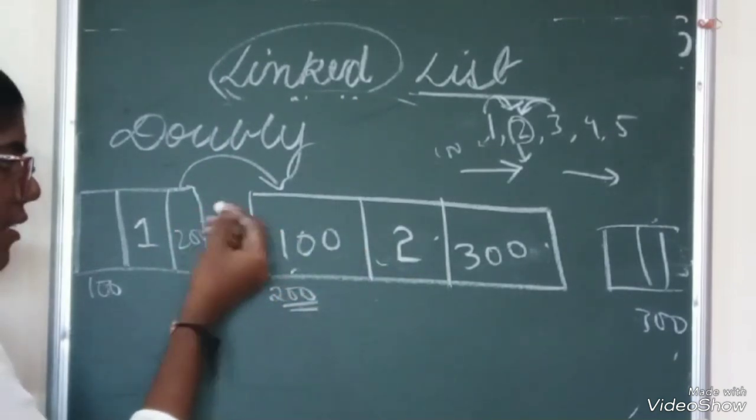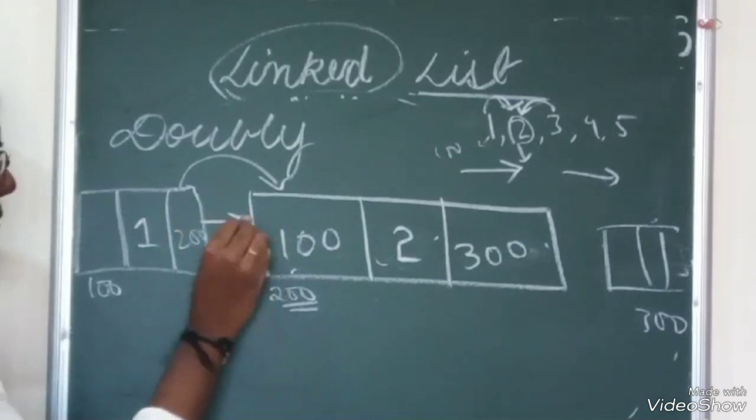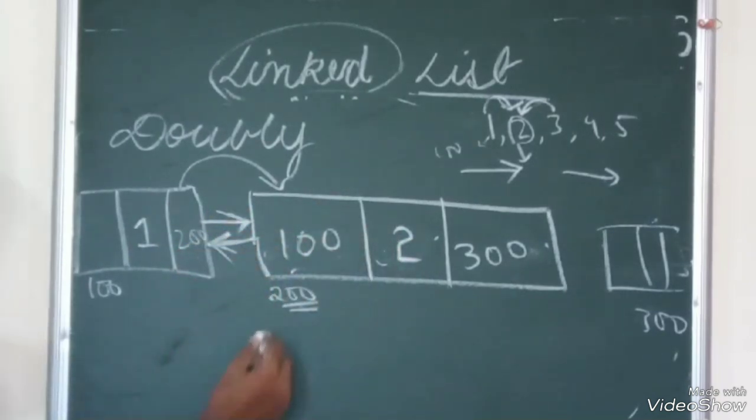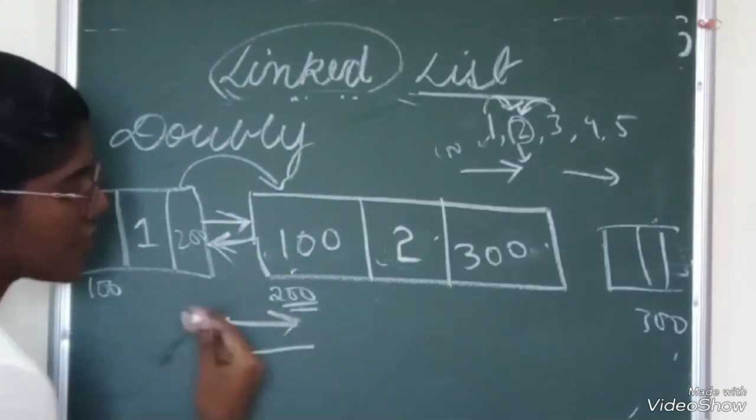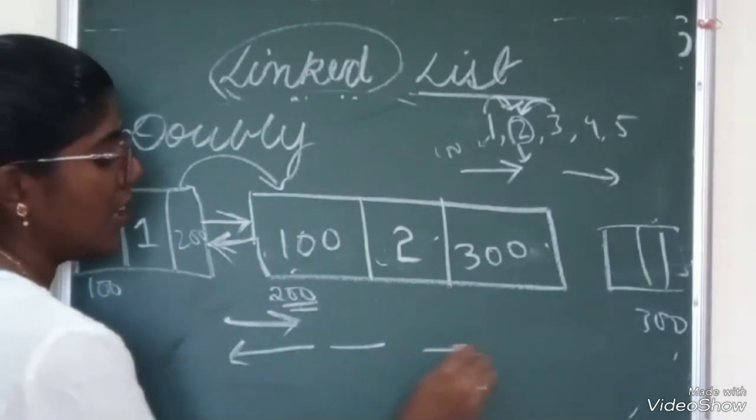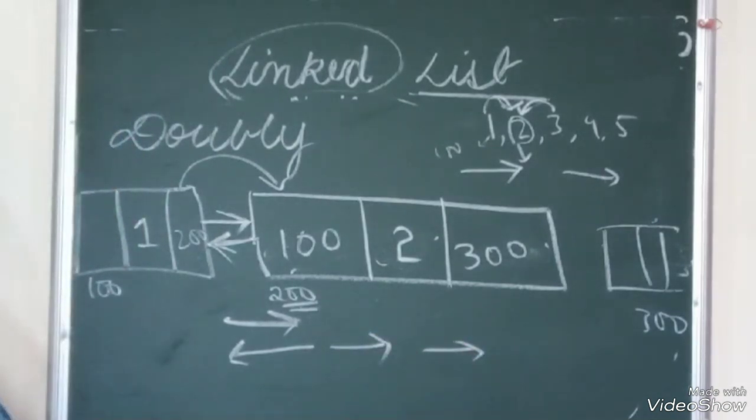So there is a double link. One link is pointing toward this side, and the other link is pointing toward this side. We can traverse either like this or like this, but in single list, we can travel only like this. This is the main difference between single linked list and doubly linked list.